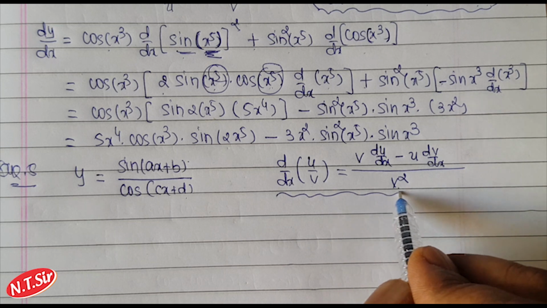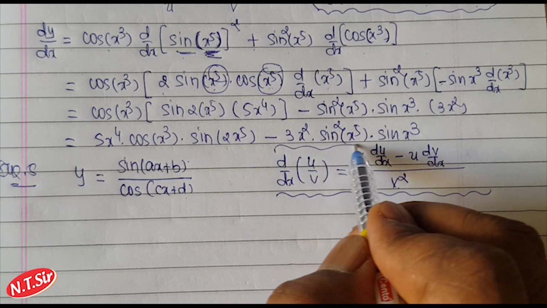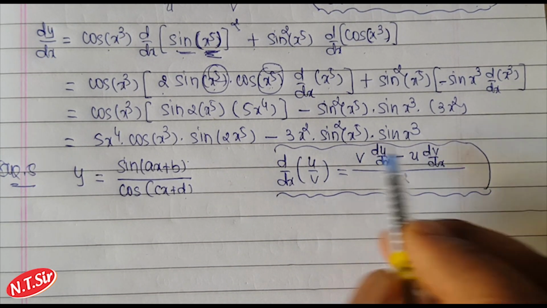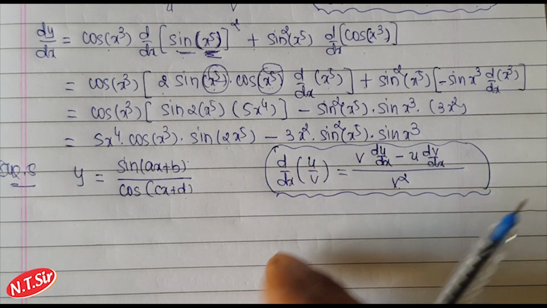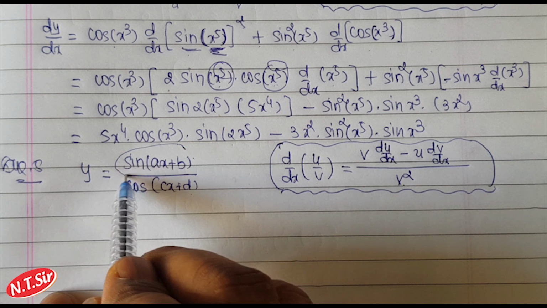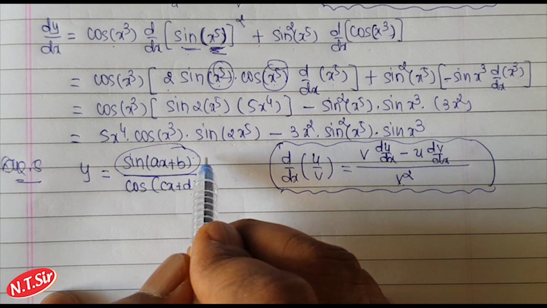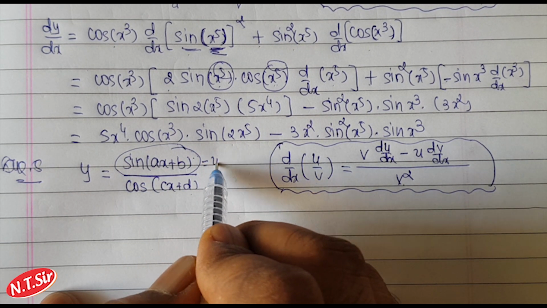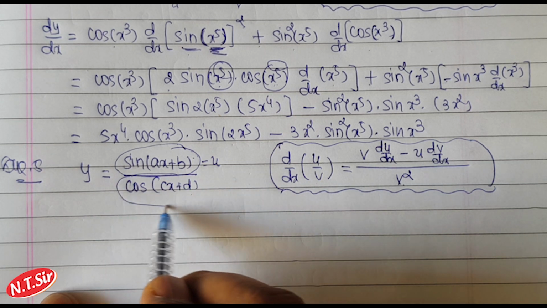So this is your quotient rule or division rule. So applying this rule to given example, so this sin ax plus b is our u and this is v.